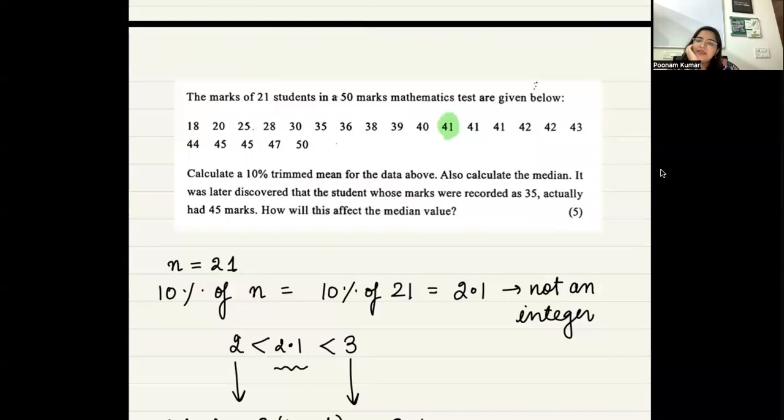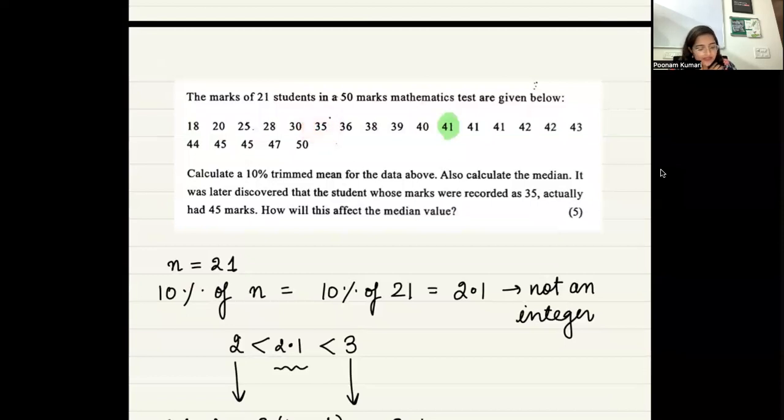Why? 45. Okay, ma'am. That will. So basically, what you have discovered is that in this ascending order, this position was not relevant, right?